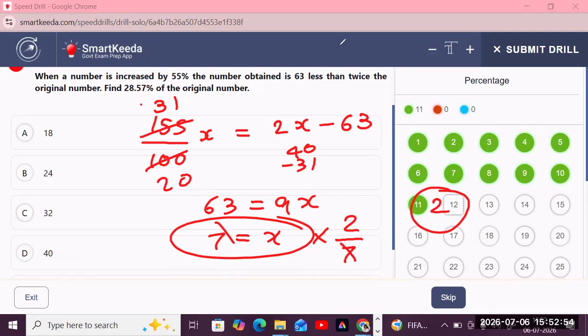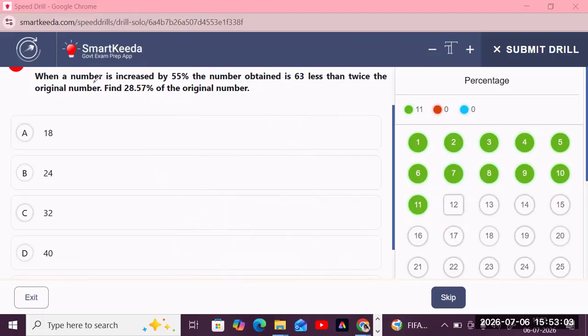Original number x से रखा तो, let the number be x and that number is increased by 55%. The number obtained is 63 less. So 155/100 x, 31 20.